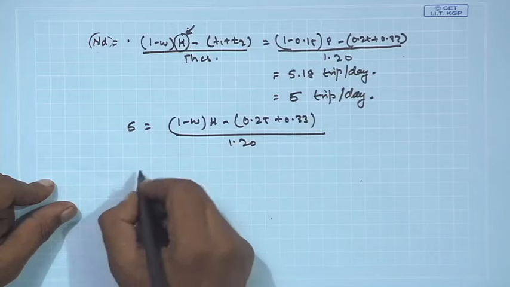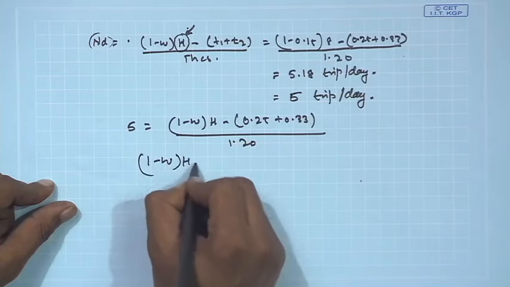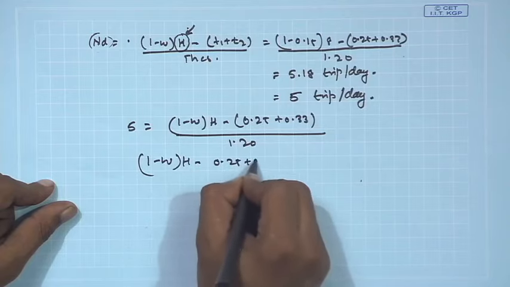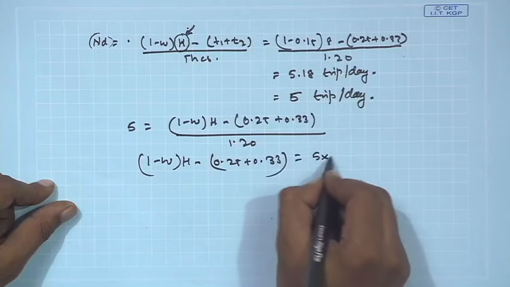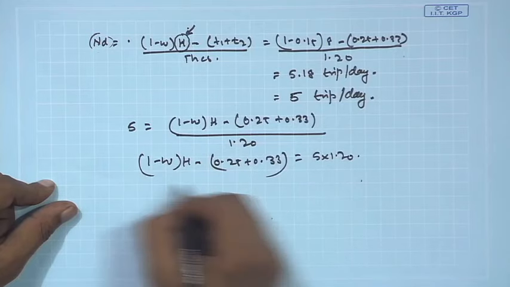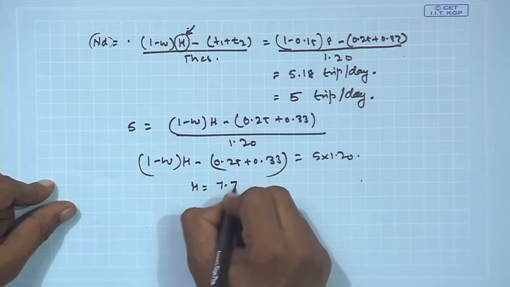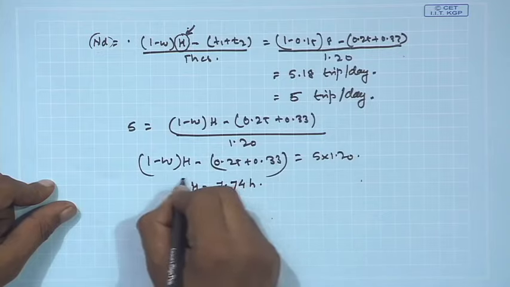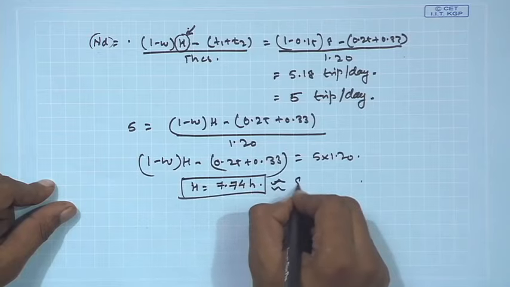So you will just find the value of (1 minus W) into (H minus 0.25 plus 0.33) equals 5 into 1.20, and if you rearrange this value, the H would be around 7.74 hour. You can see that 7.74 hour is almost near to 8 hour.